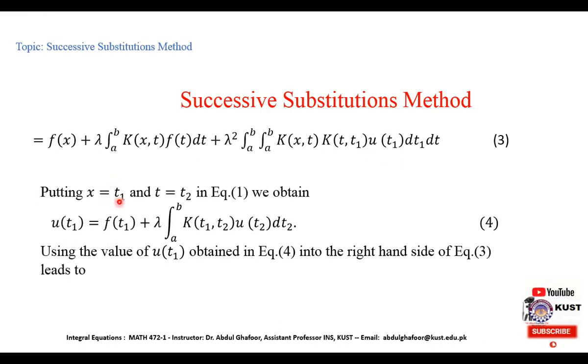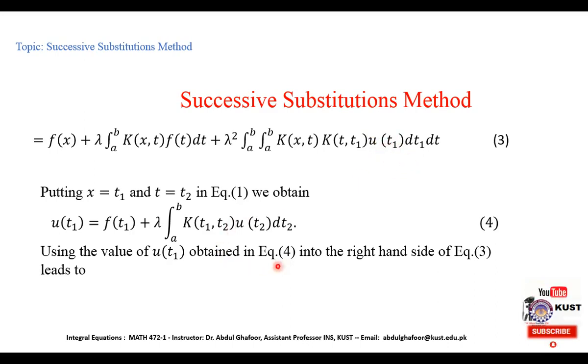So putting x equal to t1 and t equal to t2 in equation 1, we get equation 4, and this equation 4 is basically u(t1) equal to f(t1) plus lambda integral from a to b of k(t1,t2) u(t2) dt2. Now you can see that in equation 3 we have u(t1), so we substitute this equation 4 over here.